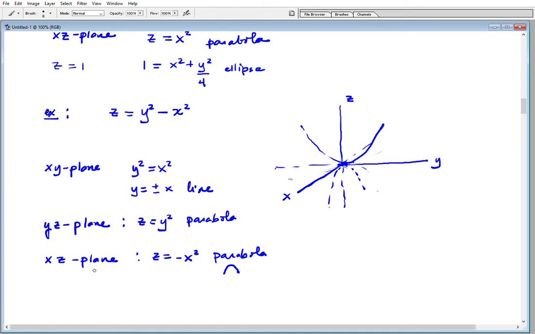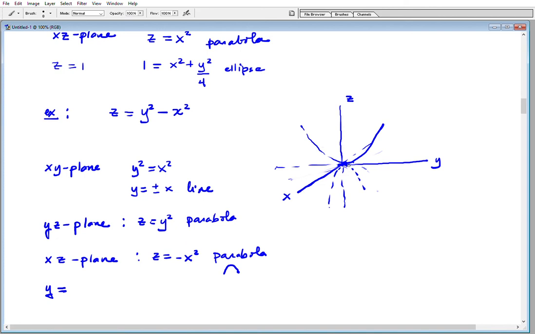All right. Well, maybe I'd like to do traces that are parallel to the XZ plane. Parallel to the XZ plane means make y equal to something. Just leave out x and z, and we have y equal to a number that's parallel to the XZ plane.